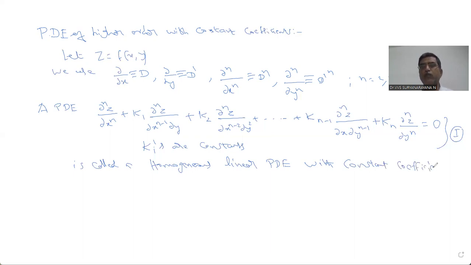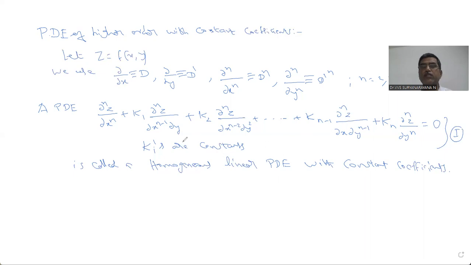Why is it called homogeneous? Because the right hand side function is 0. Why is it called linear? Because every term contains derivatives of first degree only. Why is it called PDE with constant coefficients? Because all the constants k1, k2, and so on up to kn are constants.